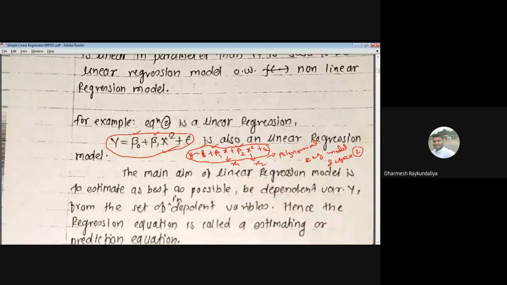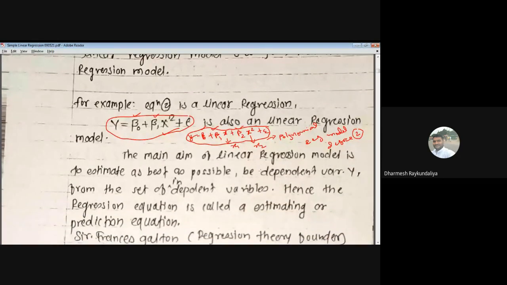So what is the aim of linear regression models? The aim of a linear regression model is to estimate, as best as possible, the value of y, the dependent variable, from the set of independent variables. So our aim in a regression model is that we wish to estimate the value of y based on this x.